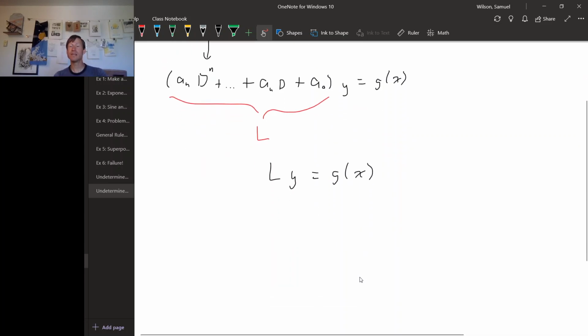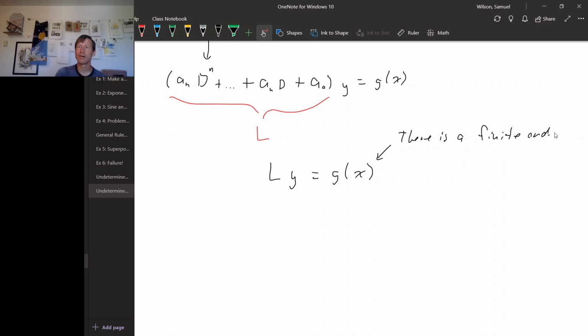Okay, now in these situations where undetermined coefficients worked, this right-hand side, g of x, had a special form. It was exponential, sine or cosine, or a polynomial. And what unites those three cases is that for all of them, there is a finite order constant coefficient linear differential operator that kills g.